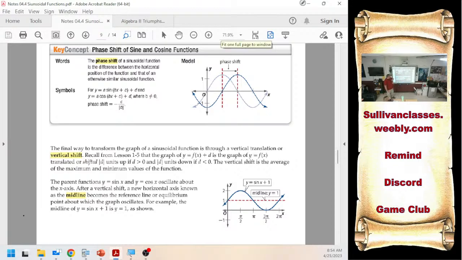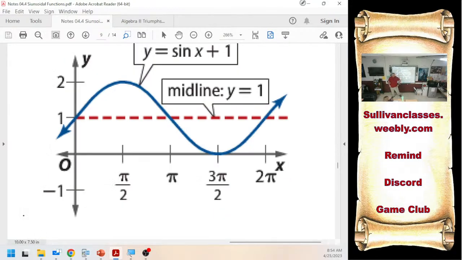Okay, additionally, we're going to do it after messing with phase shift. Midline. Midline is a vertical shift. Instead of being at 0, I'm going to shift up or down depending on whatever D is at the end. Notice that 1 is not grouped in the parentheses. That's how I know it's the vertical shift.